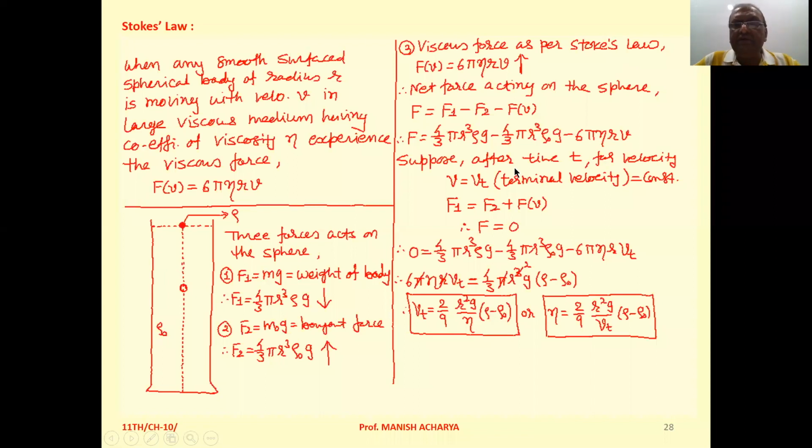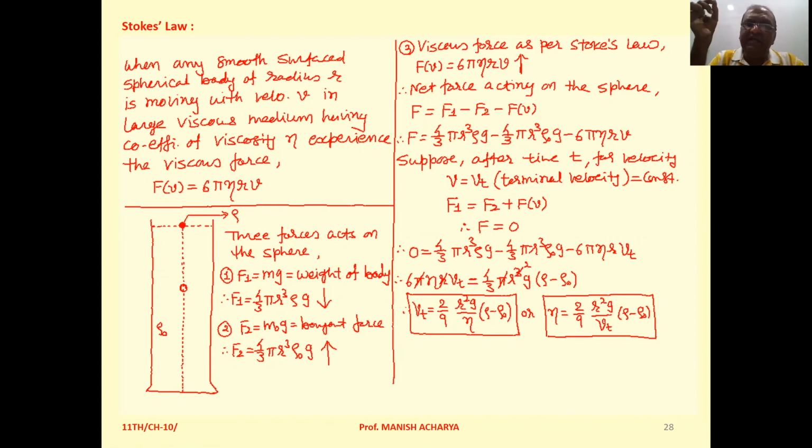Now, using Stokes law, one can calculate the coefficient of viscosity of the liquid by experimentally measuring the terminal velocity of the moving body in the liquid. Terminal velocity means what?